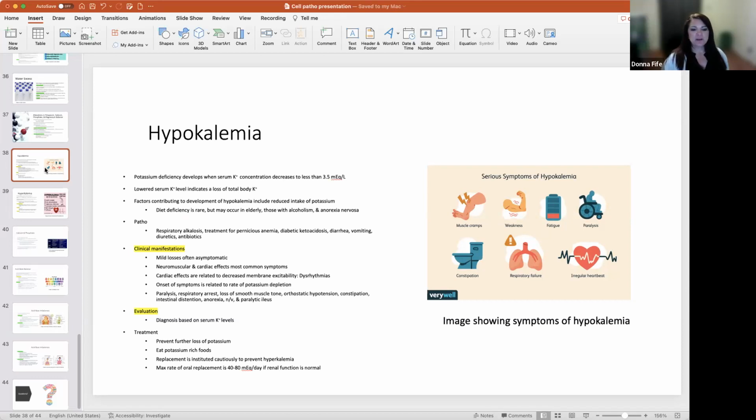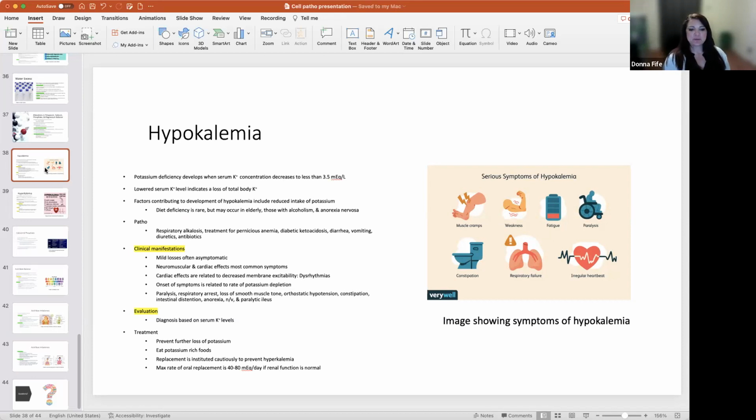Pathophysiology: respiratory alkalosis, treatment for pernicious anemia can lead to this, diabetic ketoacidosis, diarrhea, vomiting, diuretics, and antibiotics can all lead to hypokalemia. Now, with clinical manifestations, with mild losses, patients are often asymptomatic. Patients may have some neuromuscular and cardiac effects, which are the most common symptoms seen. Cardiac effects are related to decreased membrane excitability, which can lead to dysrhythmias.